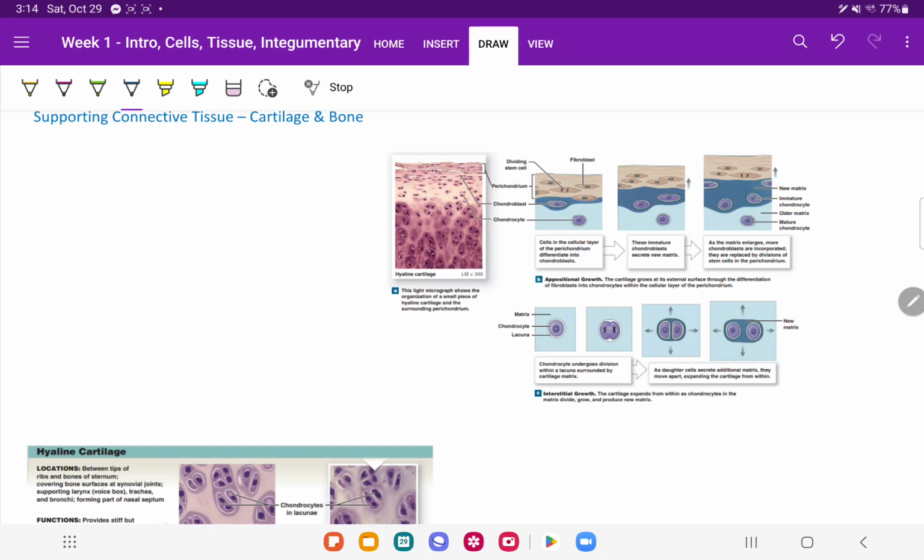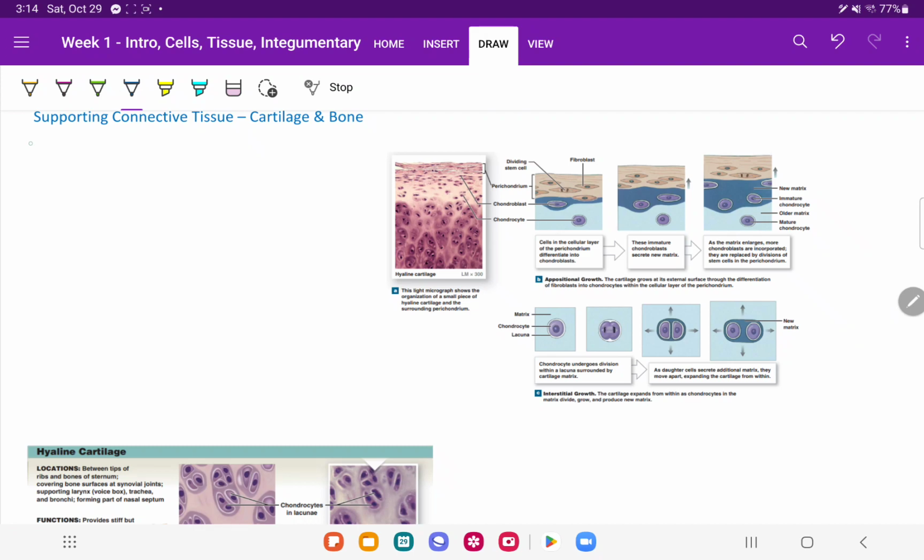In these connective tissues, the matrix contains numerous fibers and, in some cases, deposits of insoluble calcium salts. The matrix of cartilage is a firm gel that contains complex polysaccharides. So let's hit on cartilage first.